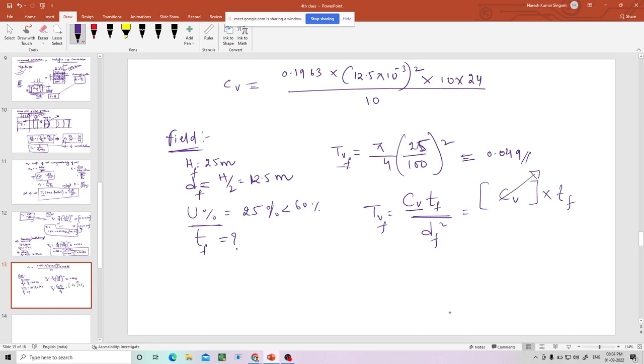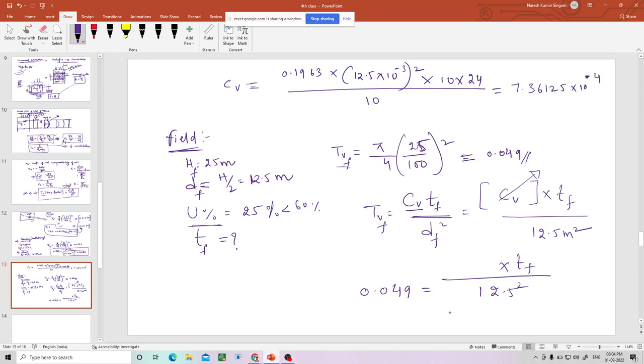Okay, later I will substitute. I didn't calculate, by the way. So what is the DF here? 12.5 meter square. You now write 0.049 equal to CV into TF by 12.5 square. Okay. Now can somebody calculate and tell me what is the CV value? Minus 4. Okay. Now substitute this and tell me what is TF.